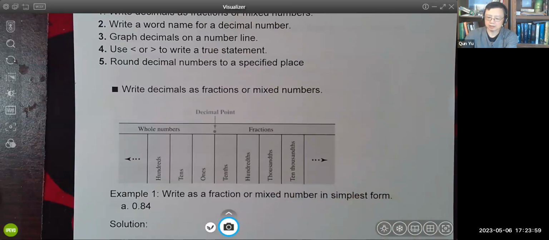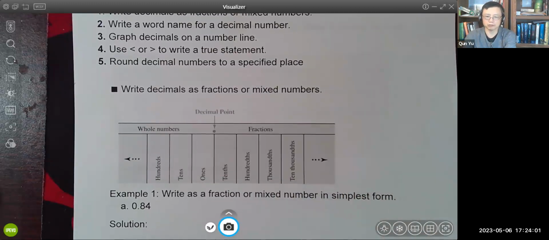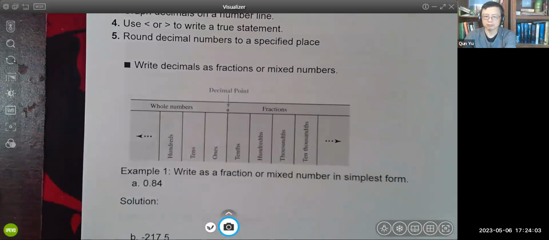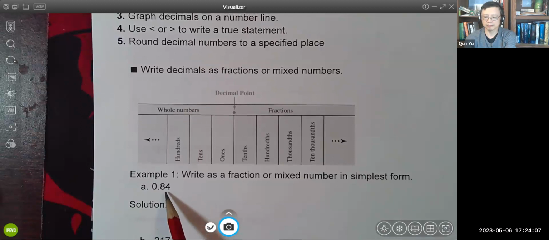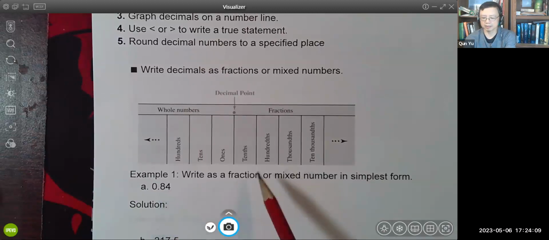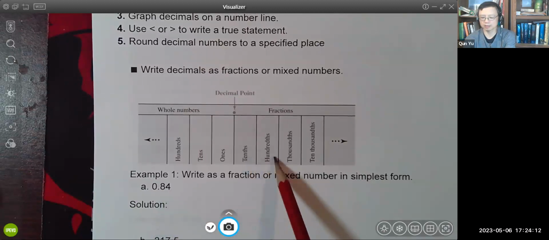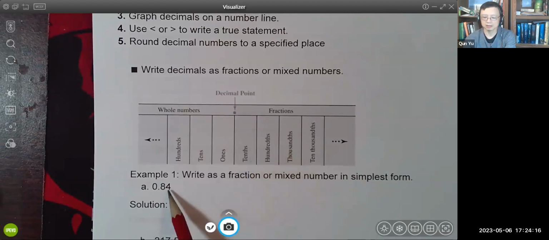Now, let's look at some examples, how to convert a given decimal number to a fraction. So this one, you see, we have 2 decimal digits. Apparently, with these 2 decimal digits, the last digit is in the 100th place, right? So this is 84 hundredths.